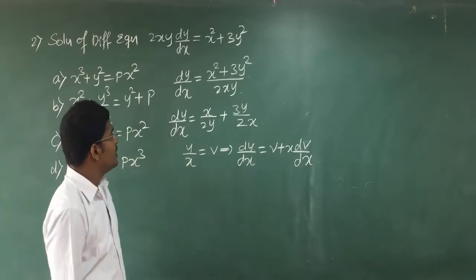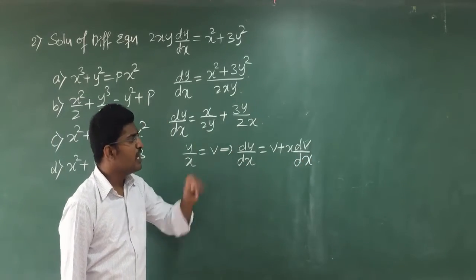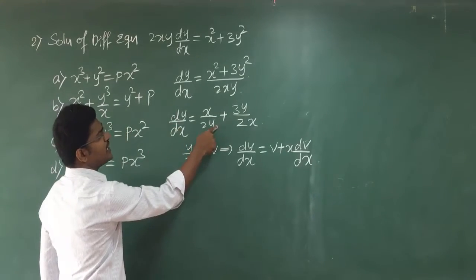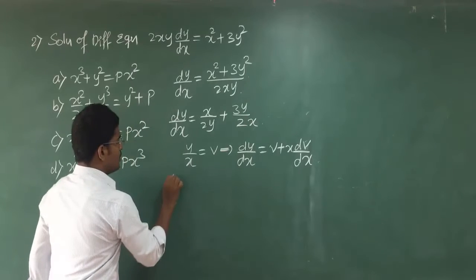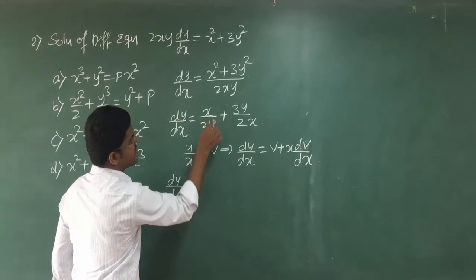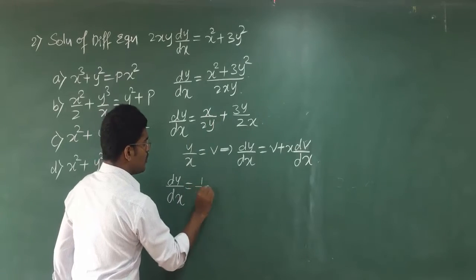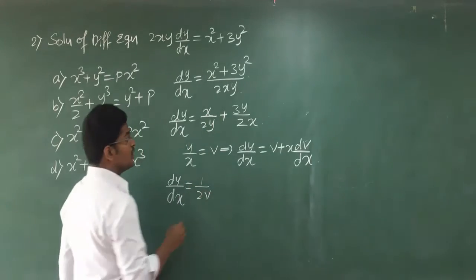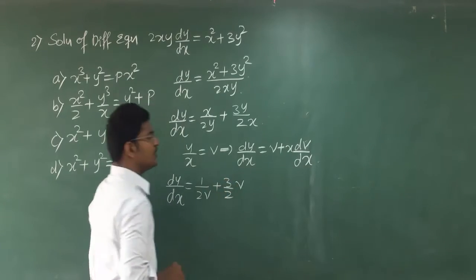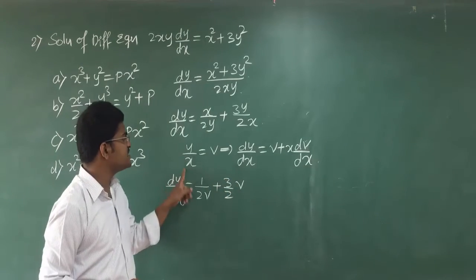So in the place of dy by dx, what can you write? This is x by y, that means 1 by v, so 1 by 2v plus 3v by 2. Because y by x is v.